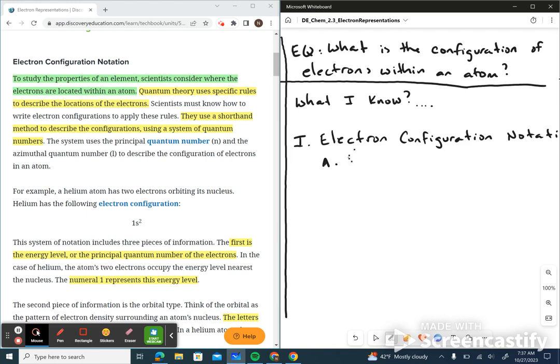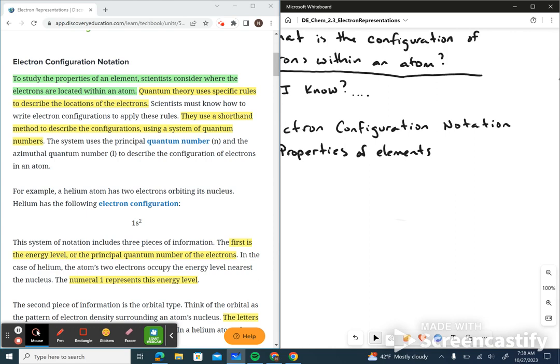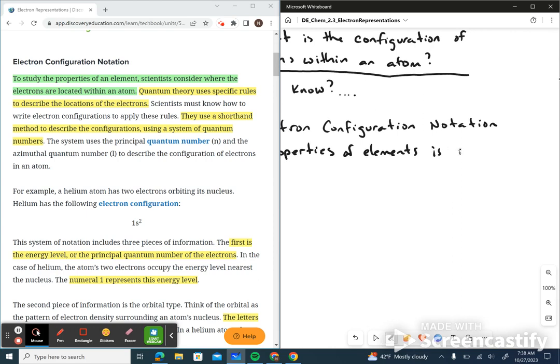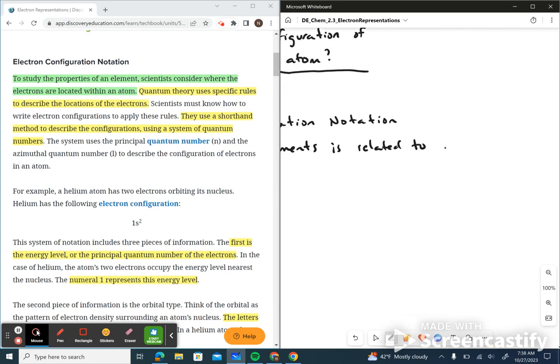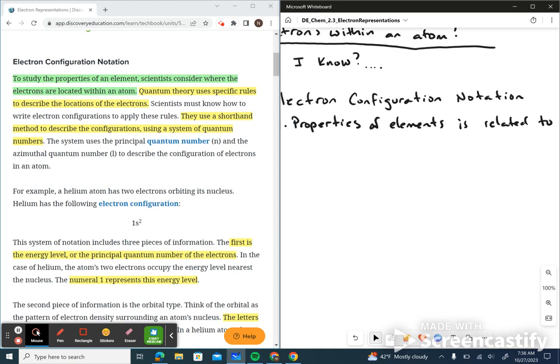The properties of elements is related to the location of electrons, to electrons and their distribution, location and their distribution. Okay.